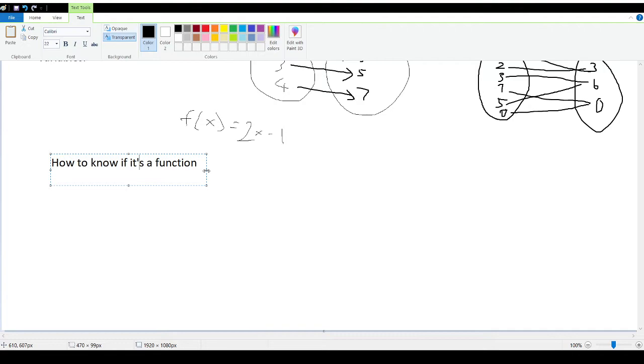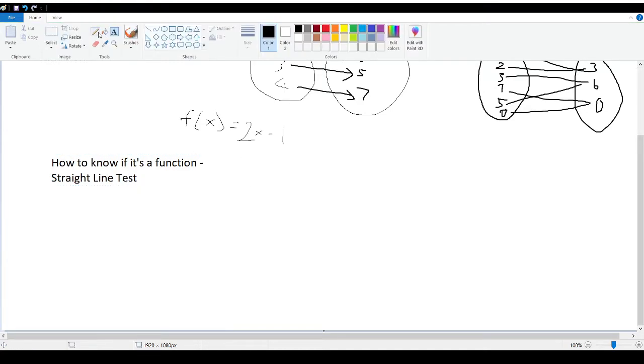Where were we? So, how to identify a function? Use what is called a straight line test. First of all, let's say we have this graph here.